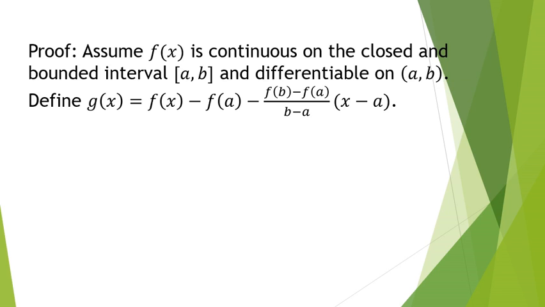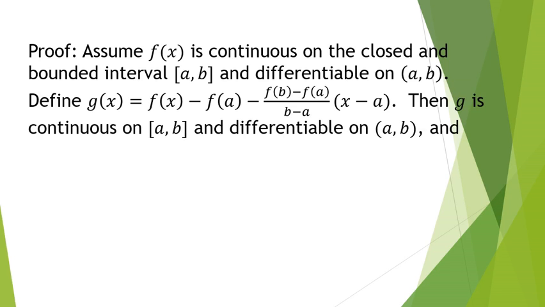Now, because f of x was continuous on this closed and bounded interval and differentiable on this open interval, and we took combinations of f of x and other polynomials, which are continuous and differentiable everywhere, g of x is also going to be continuous on the closed interval a comma b, and differentiable on the open interval as well.